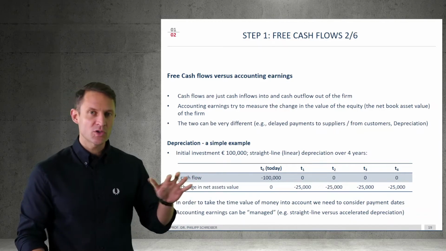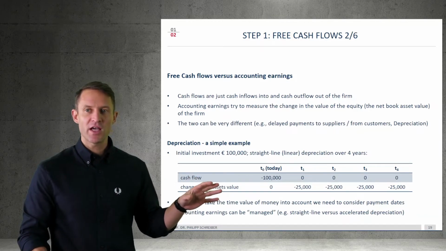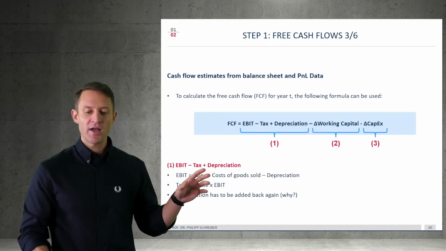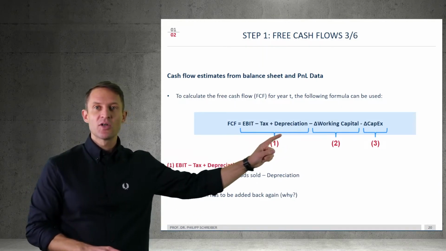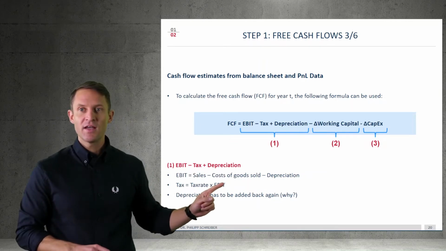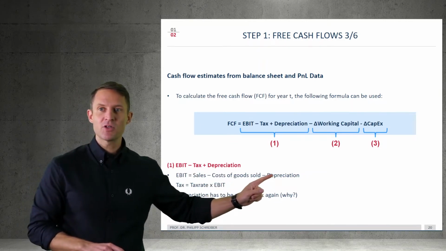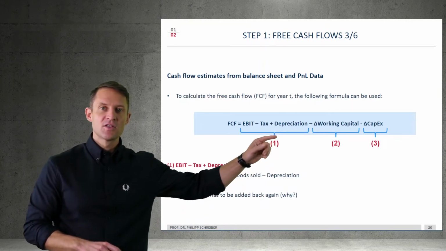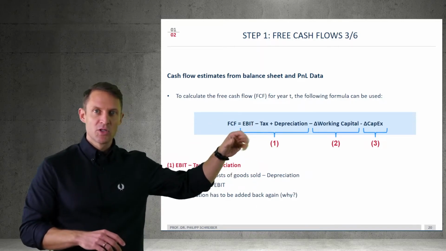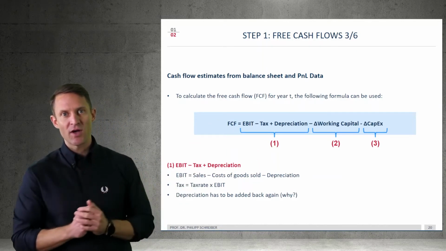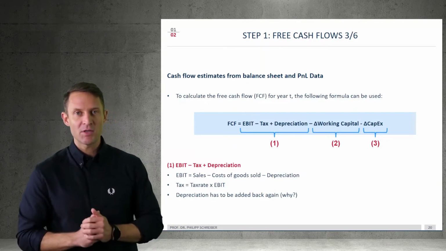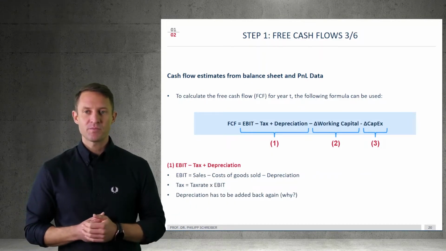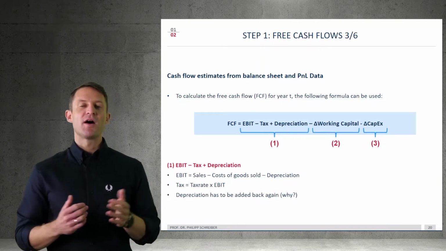So we don't want to include it in our free cash flow calculation. That's why we are adding it back now, plus depreciation, so it cancels each other out. Here in the EBIT, you have minus depreciation. Here you have plus. So in the formula, depreciation drops out. That's why we have to add it back, because we subtract it at the beginning in the EBIT, and now we add it back. Okay, this is the first part.